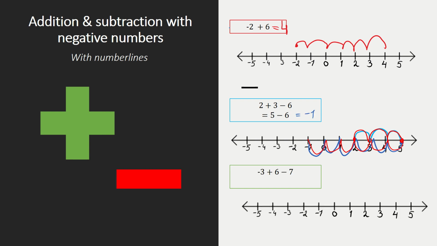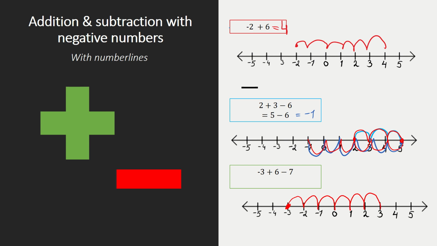How about minus 3 plus 6 minus 7? Again, we start at minus 3. So imagine that it's outside and the temperature is minus 3. Then the sun is shining and we're adding 6 degrees. So it's a positive 6. So we're going to the right hand side. So 1, 2, 3, 4, 5, 6.